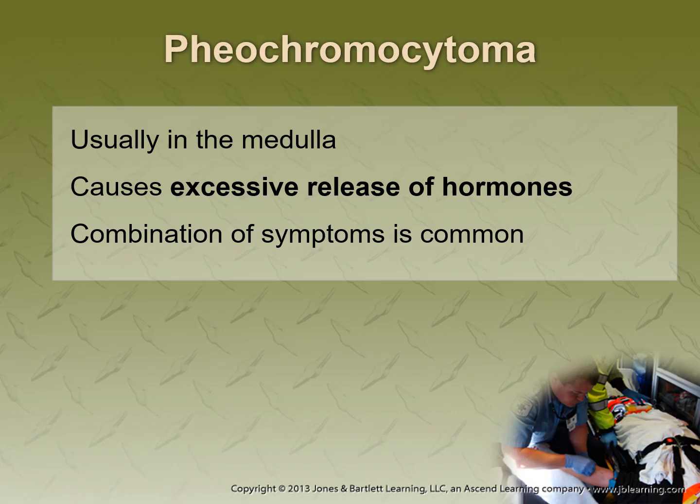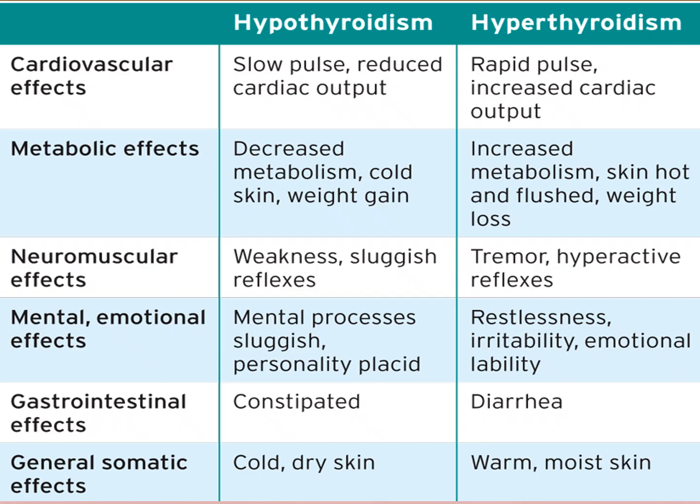So thyroid is next, and here your thyroid goes up and down, and it's associated with your metabolism. And all of these then kind of make sense when you have hypothyroidism, which is a very common thing as people get older. I think it's really associated with older females. We'll have a slowed metabolism.